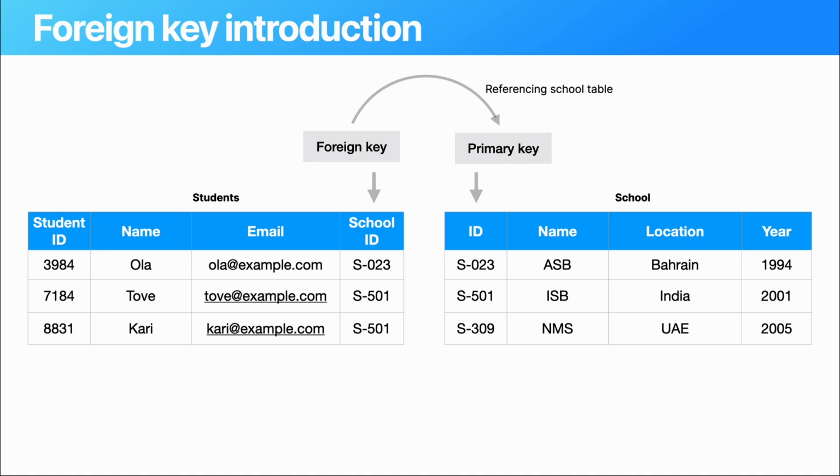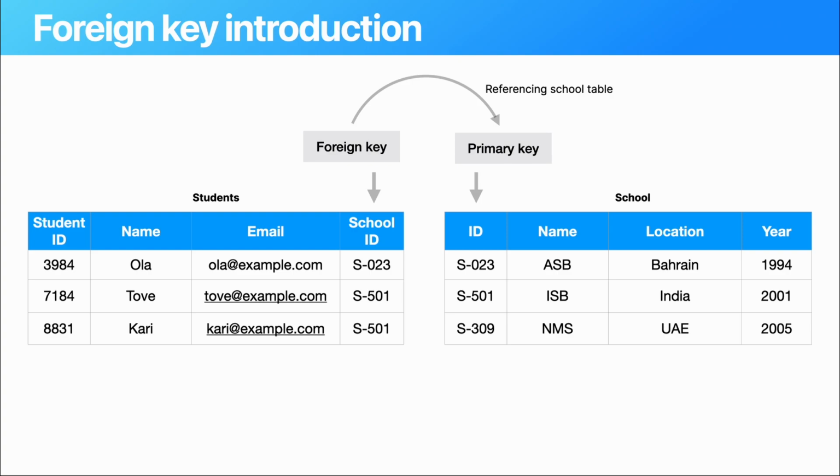Over there, in the students table, we have student ID 3984, name Ola, email ola@example.com, and school ID, that's the foreign key. So we're saying that school ID is a reference to the primary key of the school table. The school ID S023 is not part of the student information, it's a reference to the school table.